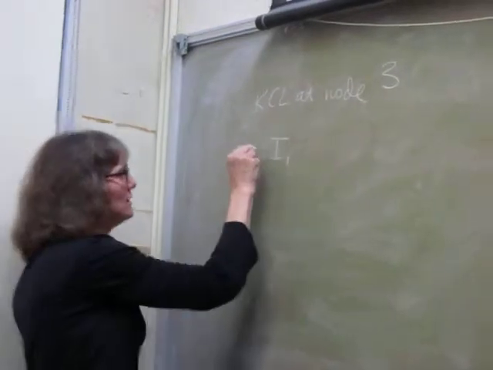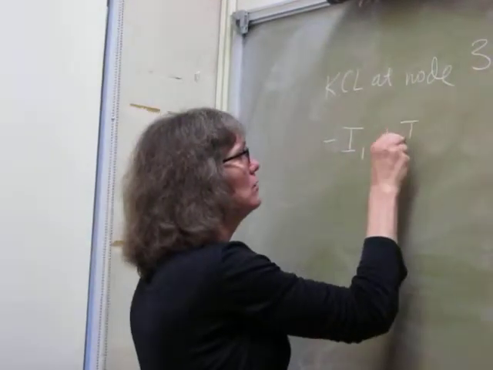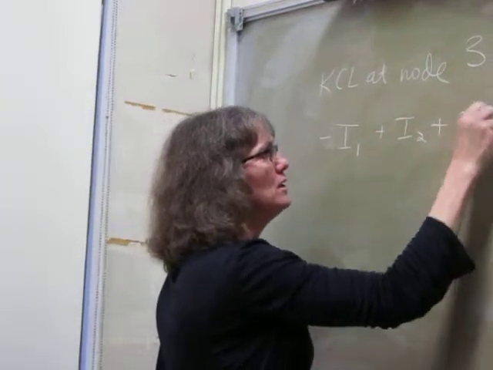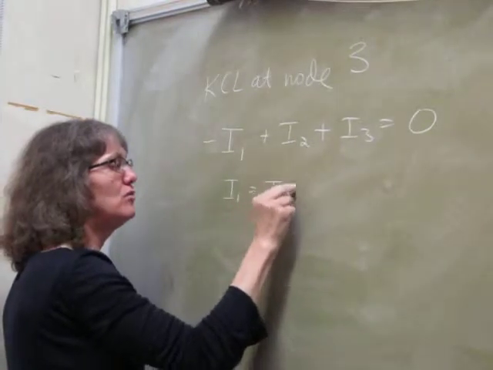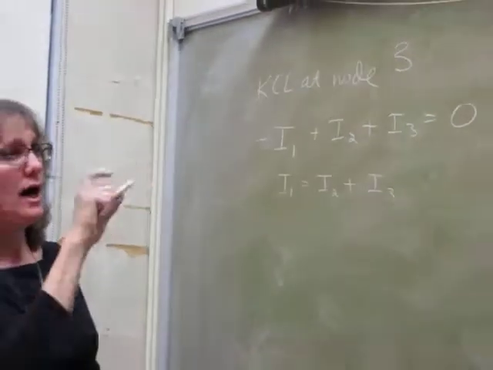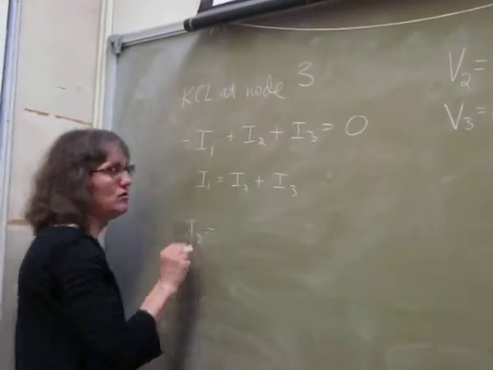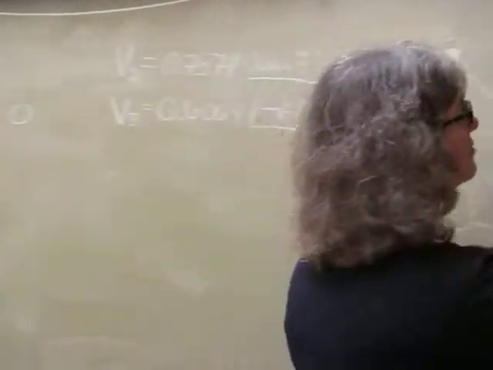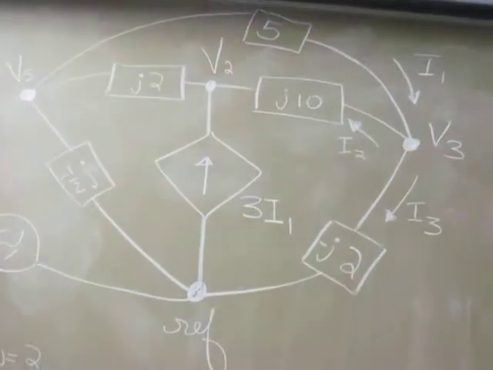So we have the phasor current I1 coming into the node. I always take those as negative. Plus I2, because that's leaving the node. Plus I3 is equal to 0. So I1 is equal to I2 plus I3. I2, just by inspection, we know it's V3 minus V2 over that impedance.